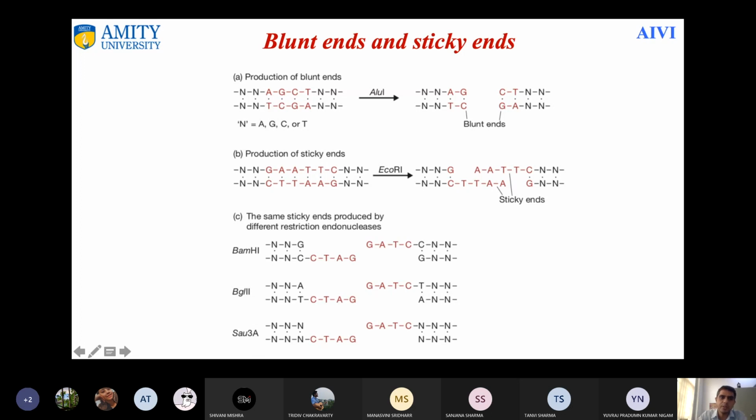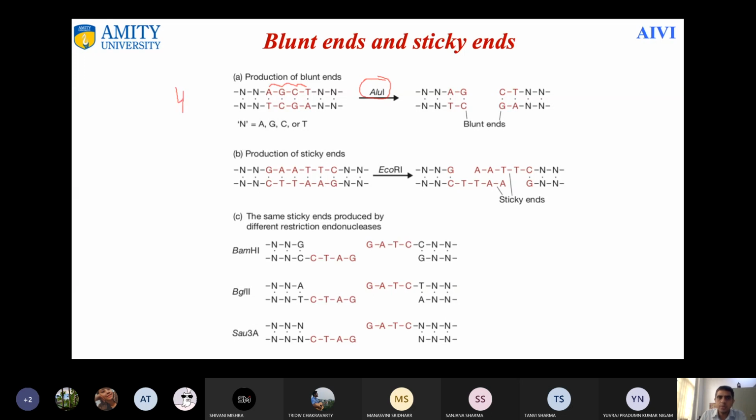You can see the upper sequence A, G, C, T. Here L1 is the name of the enzyme, and this L1 is recognizing A, G, C, T.